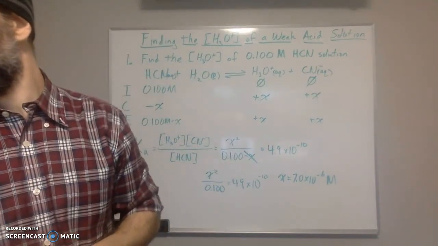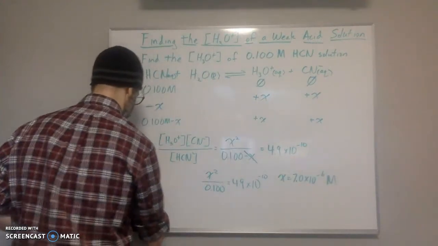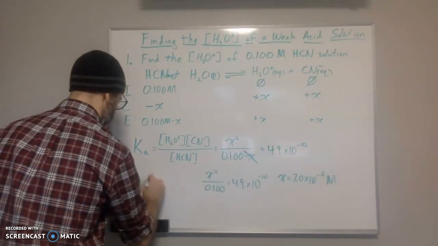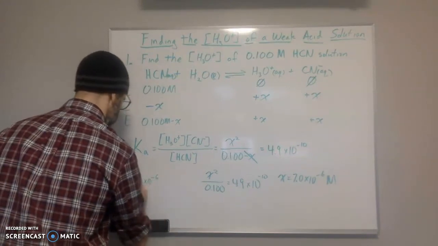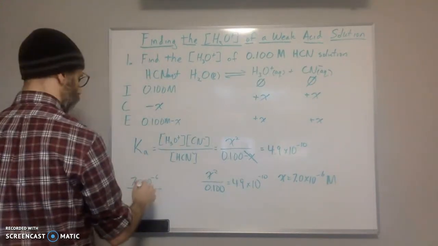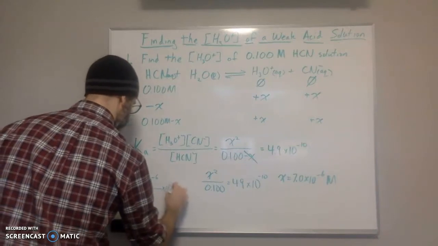So we take x, which is 7.0 times 10 to the negative 6, and divide it by the whole, which starts at 0.100, multiplied by 100.